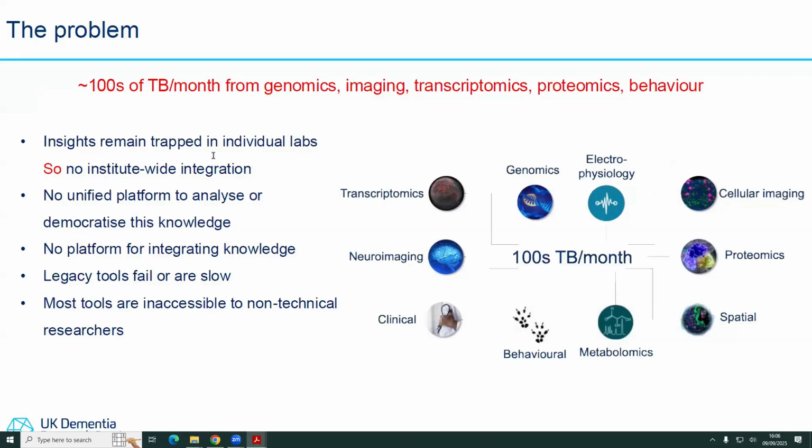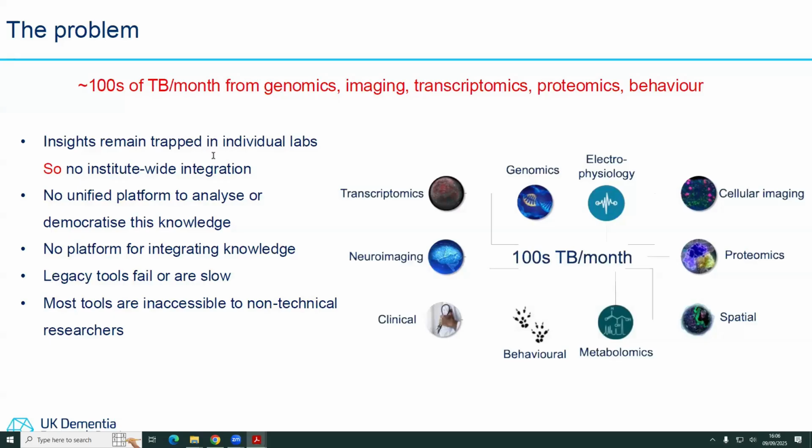But assume the amount of knowledge and data and insights generated by UKDRI researchers. But the problem is all insights remain trapped in individual labs. And no institute-wide integration happened yet. And there is no unified platform to analyze or democratize this knowledge.